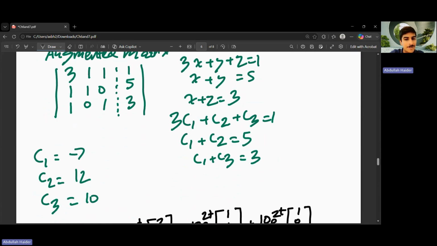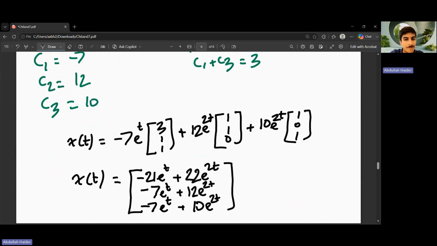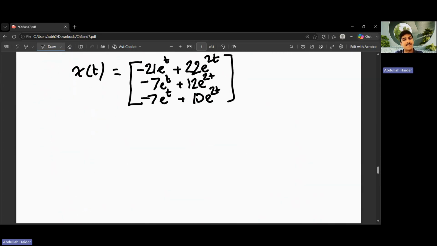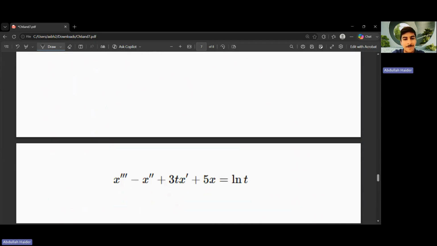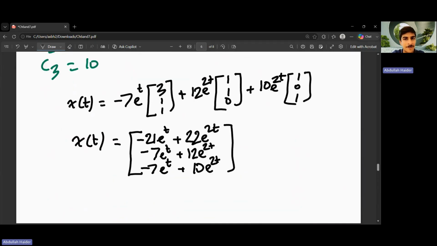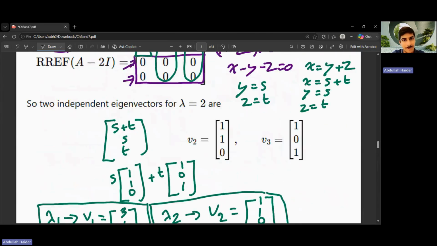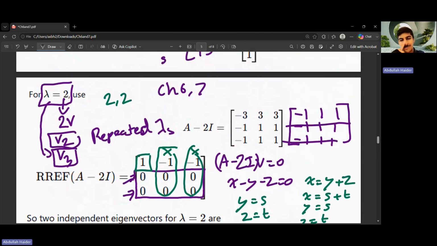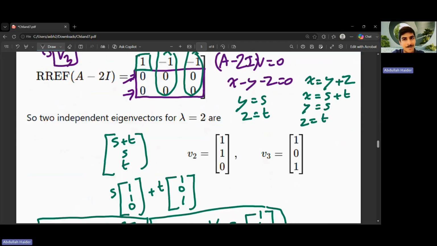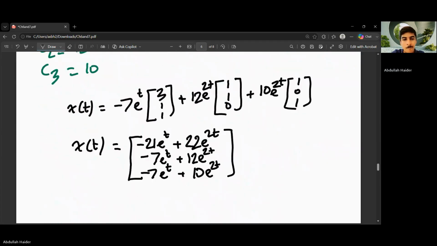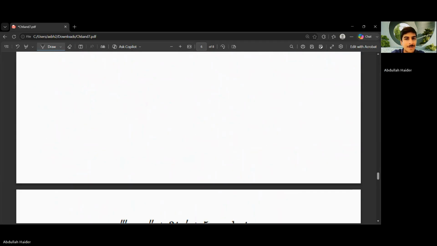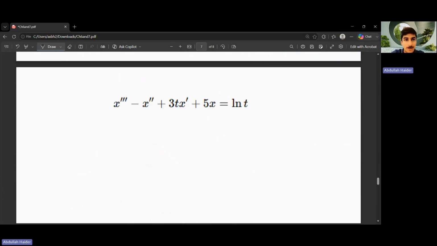When you solve this, you'll get your c's, and this is simply your final answer. I know this is really, really tedious. Basically your hope should be that chapter 6 and chapter 7 should be merged into one question so that you don't have to repeat many things. And that is all about the eigenvalues, eigenvectors.